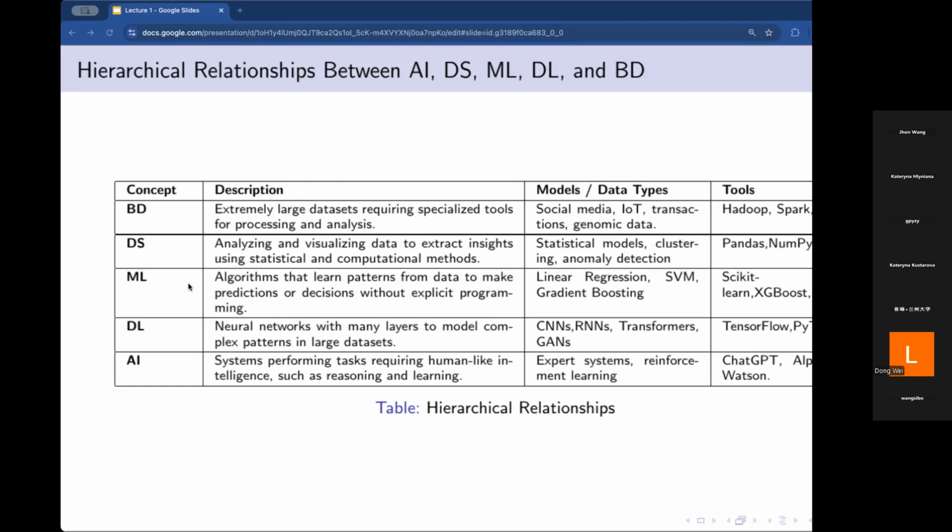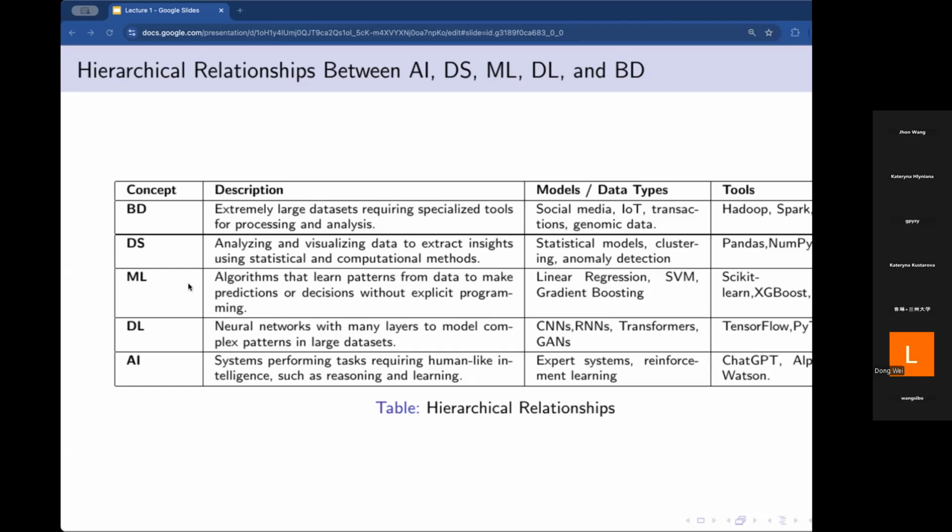AI aims to create systems that perform tasks typically requiring human intelligence, such as learning, reasoning, and problem solving. It leverages ML and DL to create intelligent agents, such as chatbots like ChatGPT or autonomous systems like AlphaGo. AI is a broader goal, and machine learning and deep learning serve as key approaches to achieving it.